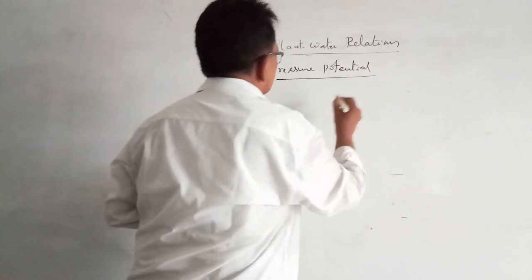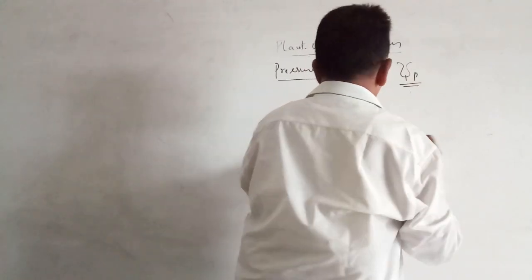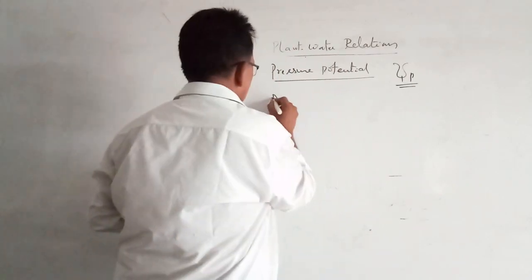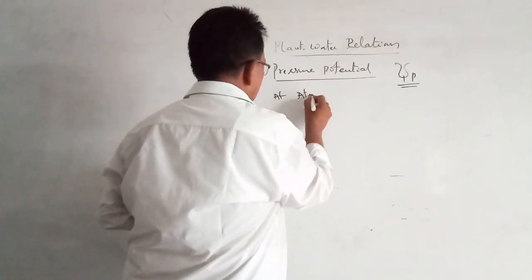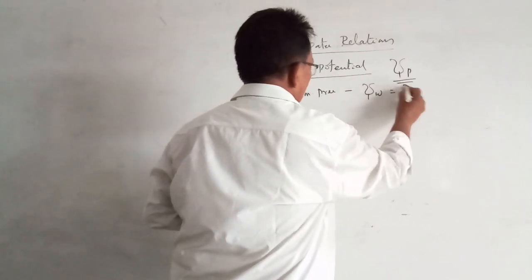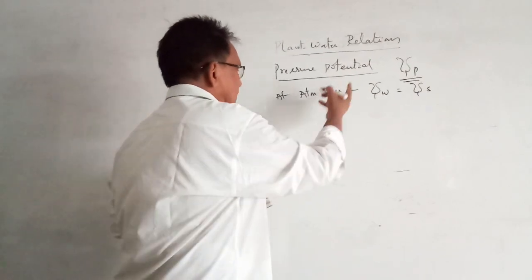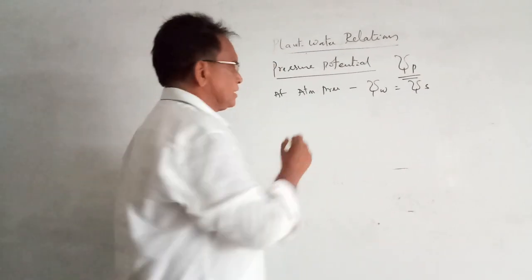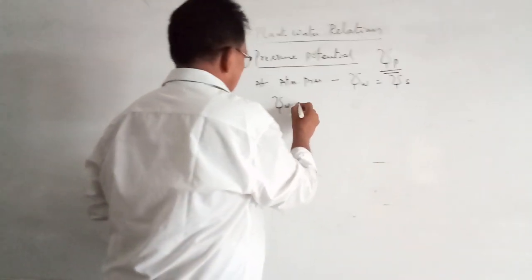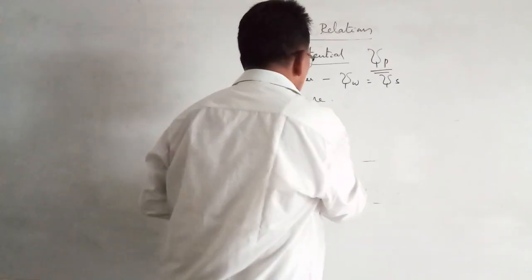Pressure potential. It can be represented as psi p. At atmospheric pressure, psi w becomes always equal to psi s. If we increase the atmospheric pressure, the psi w value will become more. Now water moves.